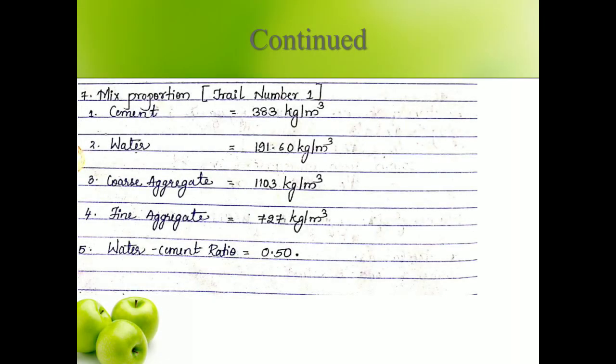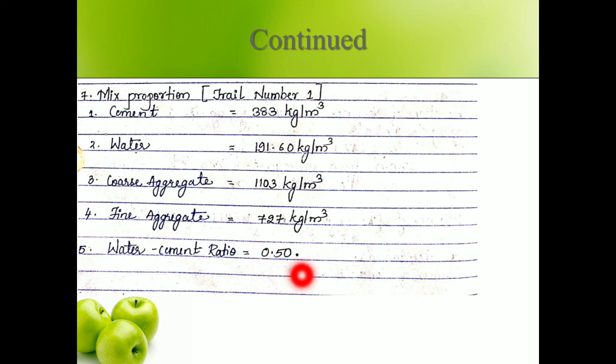So write down all the contents on one side, that is mix proportion. For trial number 1 we have got cement equal to 383 kgs per meter cube, water content is 191.60 kgs per meter cube, coarse aggregate is 1117 kgs per meter cube, fine aggregate is 727 kgs per meter cube, water cement ratio is 0.5.